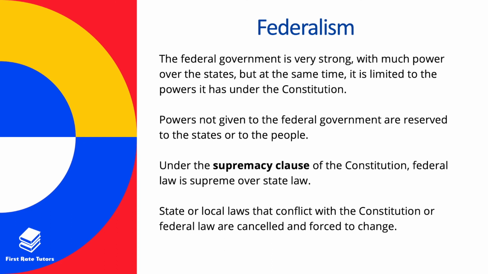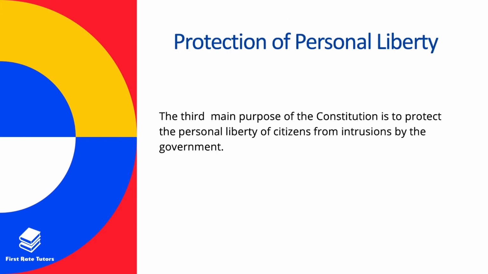The federal government is really strong with a lot of power over the states, but at the same time, it's limited to the powers it has under the Constitution. Powers not given to the federal government are reserved to the states or to the people. And as I mentioned earlier, under the Supremacy Clause of the Constitution, federal law is supreme over state law. State or local laws that conflict with the Constitution or federal law are cancelled and forced to change.